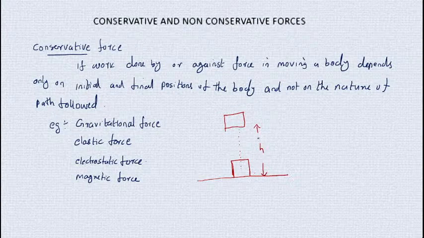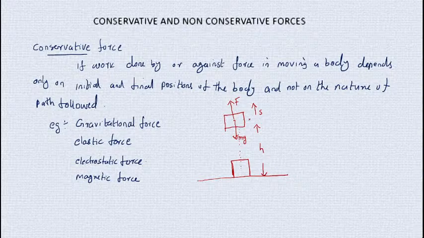Now how much work is done in this case? You have applied an external force on the body, but there is a force acting downward, that is called what? Mg, the force due to gravity, acting downward. The displacement direction is upward. You are raising this body, displacement is upward, but the force due to gravity is acting vertically downward.